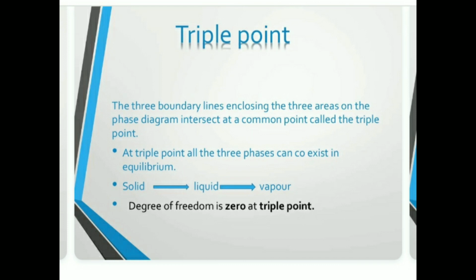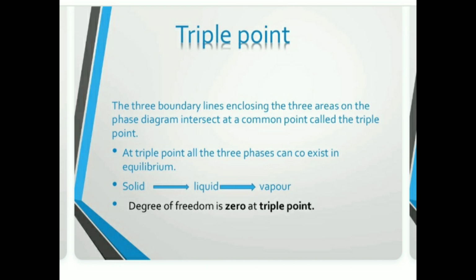The triple point implies solid in equilibrium with liquid in equilibrium with vapor. The 3 boundary lines, that is curve A, curve B, curve C, meet at the point O, where 3 phases, namely solid, liquid and vapor, are simultaneously at equilibrium. The point is called a triple point. At the point, the following equilibrium will exist.